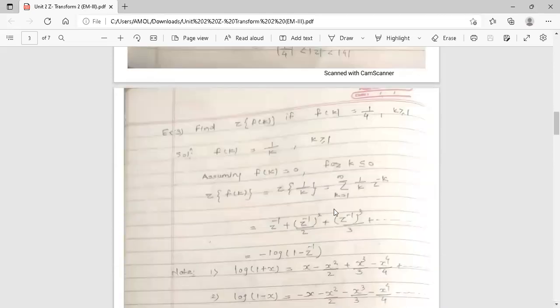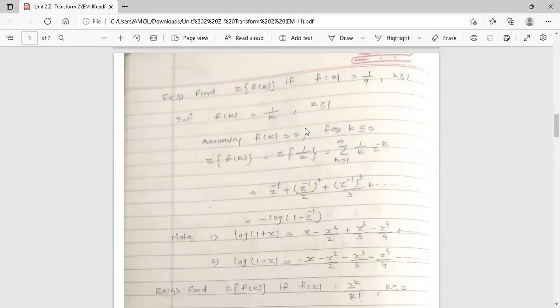Now the third example is here. Find the Z transform of f of k if f of k is equal to 1 by k, not 4. Here is one correction: this is not 4, the term here is k in place of 4. Remember it. Okay. So the sequence is 1 by k. Assuming that k is greater than or equal to 1, means here we assume f of k is equal to 0 for k less than or equal to 0.